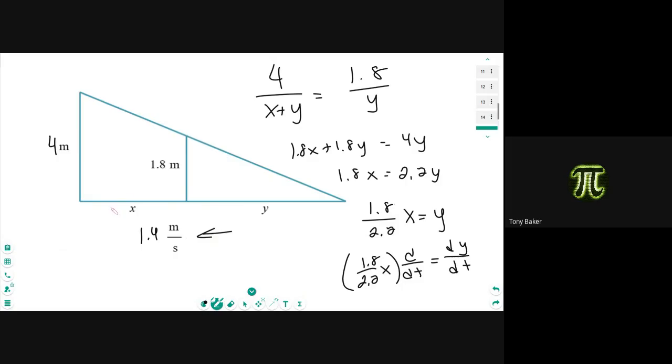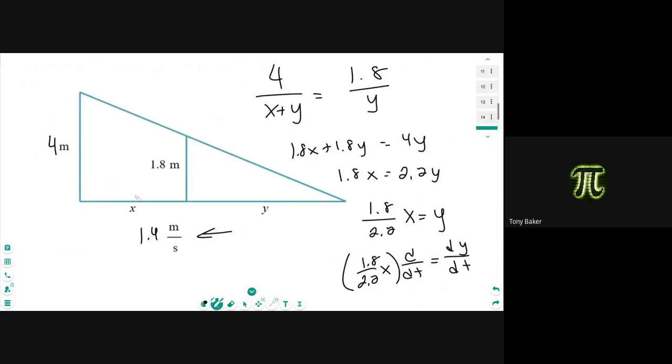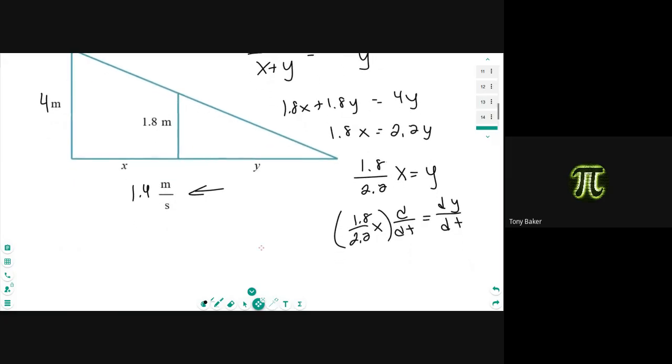So this problem said the x was 6. So 1.8 over 2.2 times 6 times 1.4. And it's negative 1.4 because it's going that direction, the x is getting smaller.